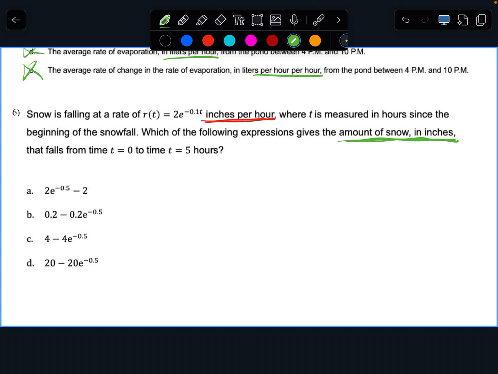So that's essentially what we're doing, we're going to integrate because I want inches. So I'm going to have to integrate from 0 to 5 of this 2e to the negative 0.1t dt.